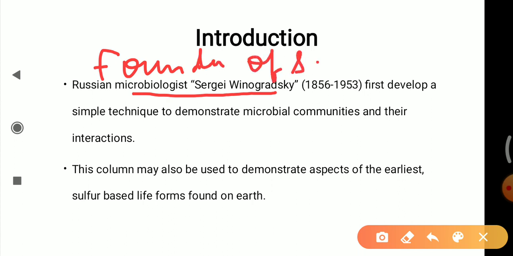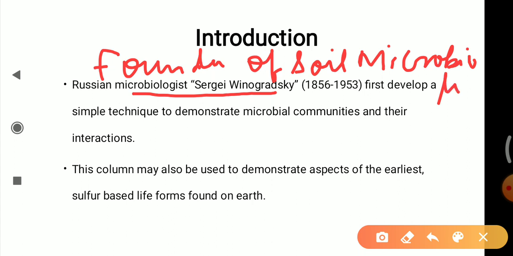He is the founder of soil microbiology. This column may be used to demonstrate an aspect of the earliest sulfur-based life form found on the earth.